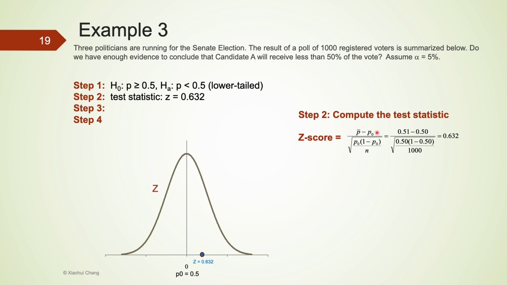P0 is the number that occurred in those two statements. That's 0.5. For the denominator, we have P0, which is 0.5, multiplied by 1 minus 0.5, divided by the sample size of 1,000. Make sure you take the square root of that. And the z-score is calculated to be 0.632.